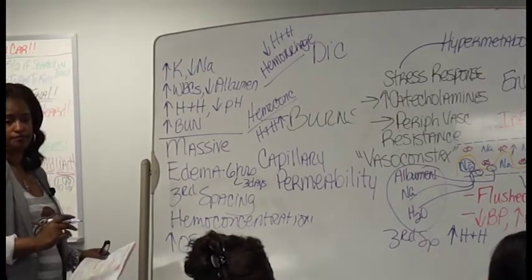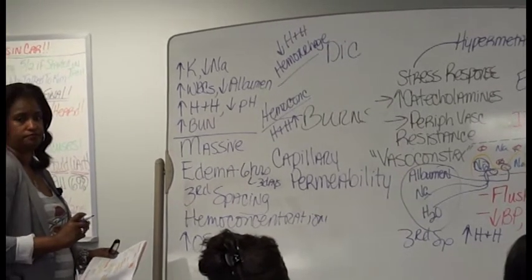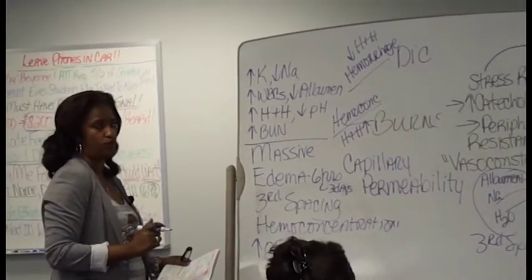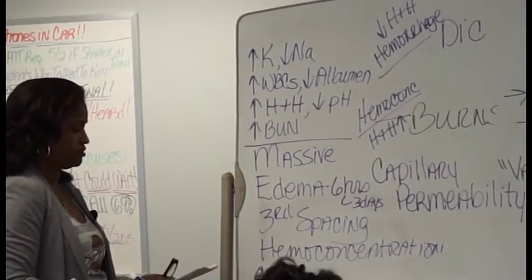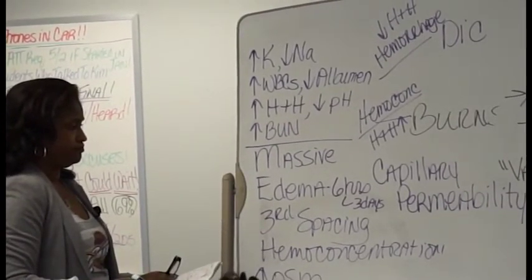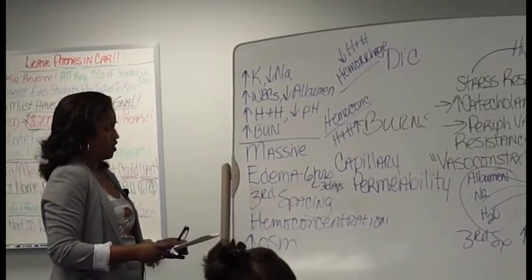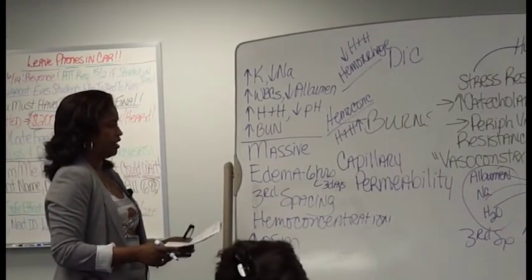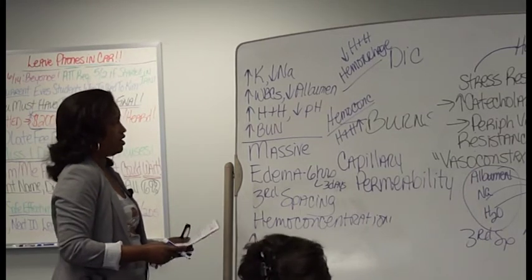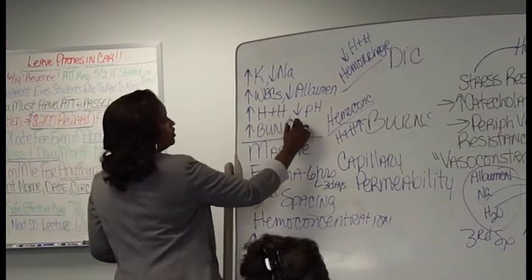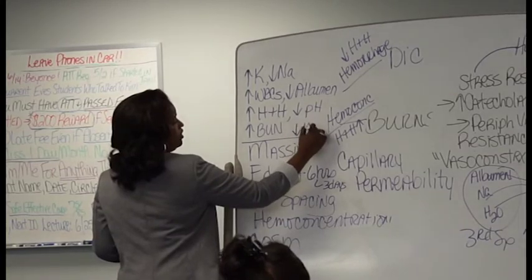Here's your labs. Just for burn. Remember I said I broke off on burns to shake it off a little bit. Blood pressure low, all other vital signs high, and these are your labs. Decreased bicarb.